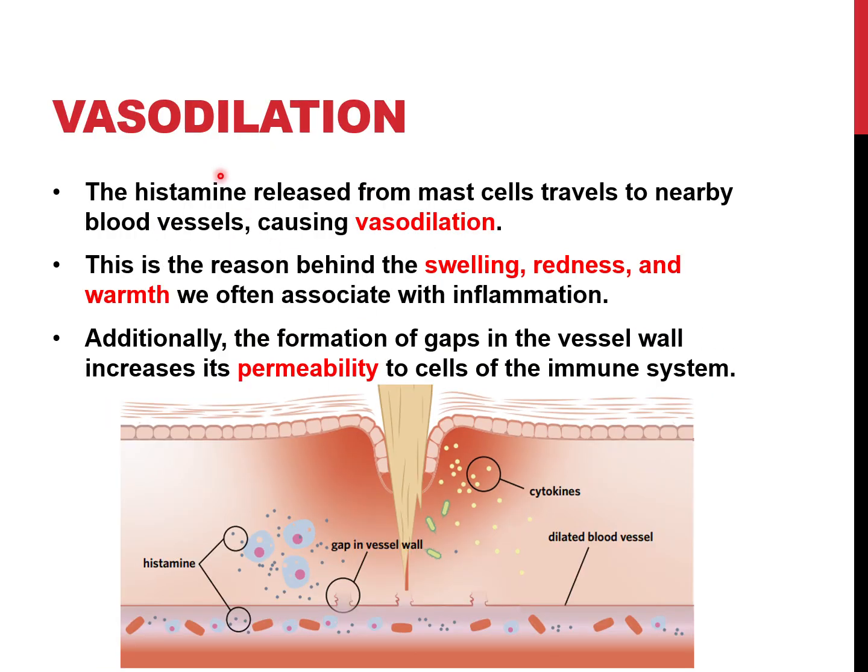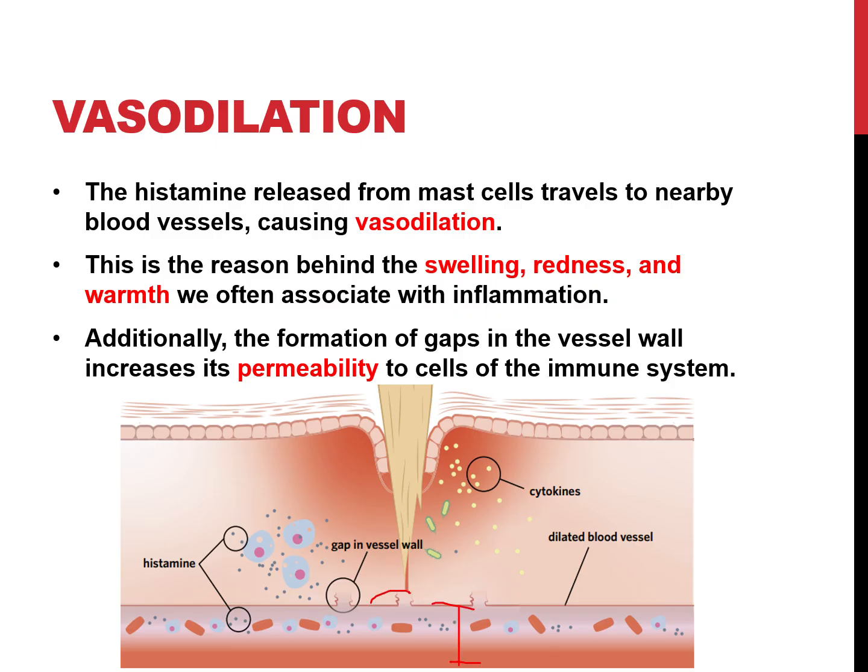What occurs next? Vasodilation. If anything is a dilator, it increases it. Vaso just means blood vessels. So histamine released from the mast cells travels to nearby blood vessels. As you can see, it does a few things to the blood vessel. It's increased in size, so this is now wider than what it was.